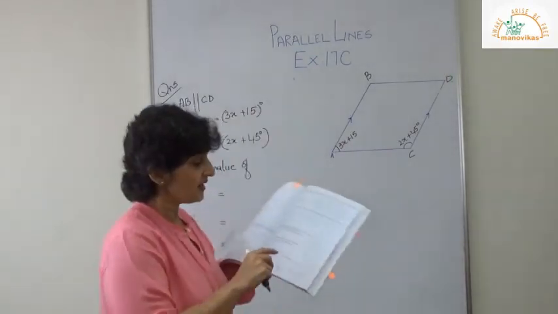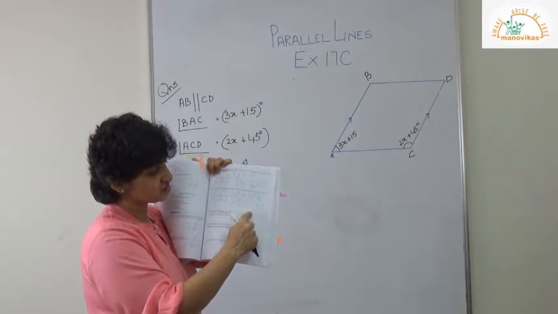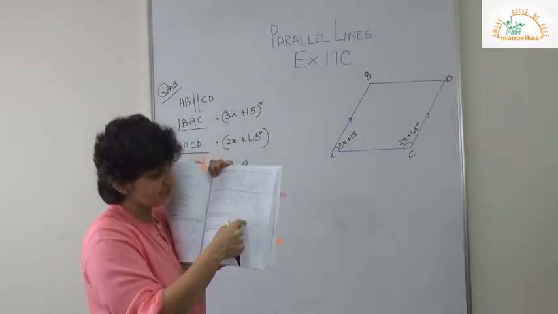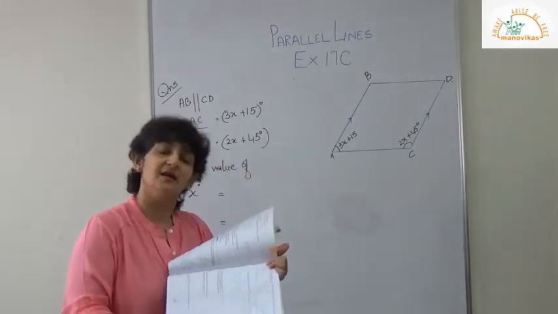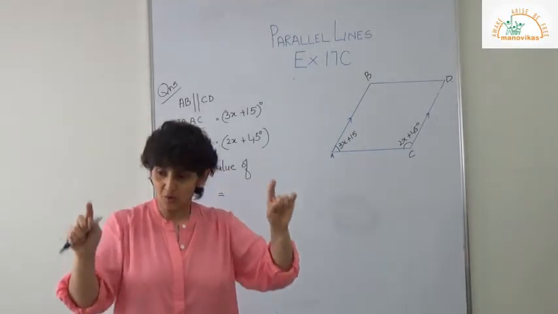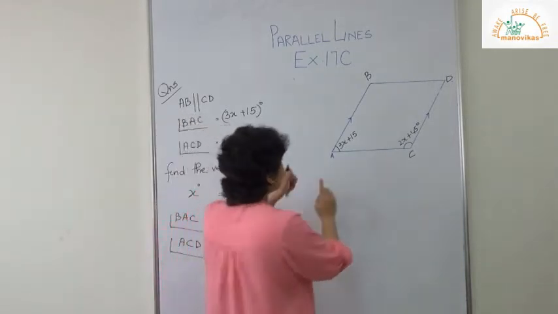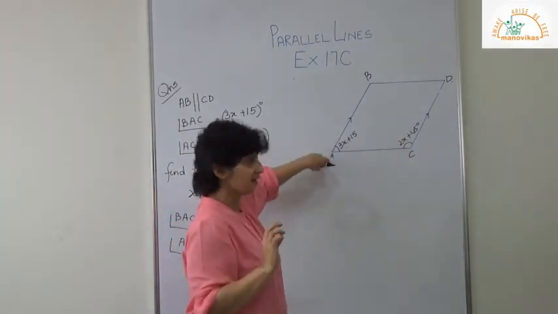Right? Now children, please remember, whenever you see a quadrilateral shape or a parallelogram, a four-sided figure, and if you have angles adjacent next to each other, they are co-interior angles. So in a box shape, whenever the angles are next to each other, that is A and C, these become co-interior angles.